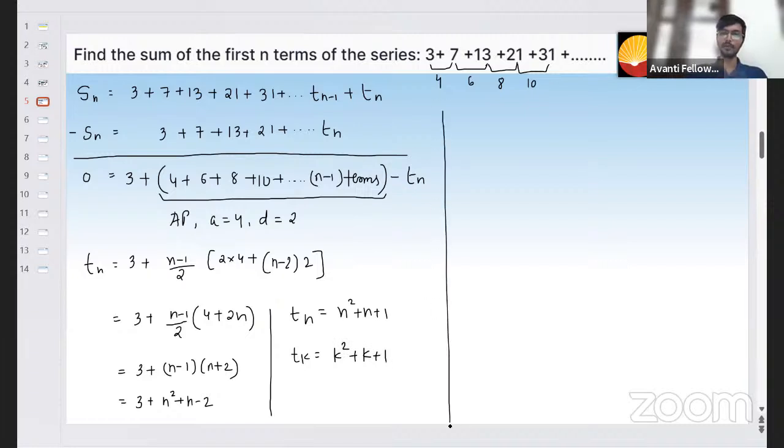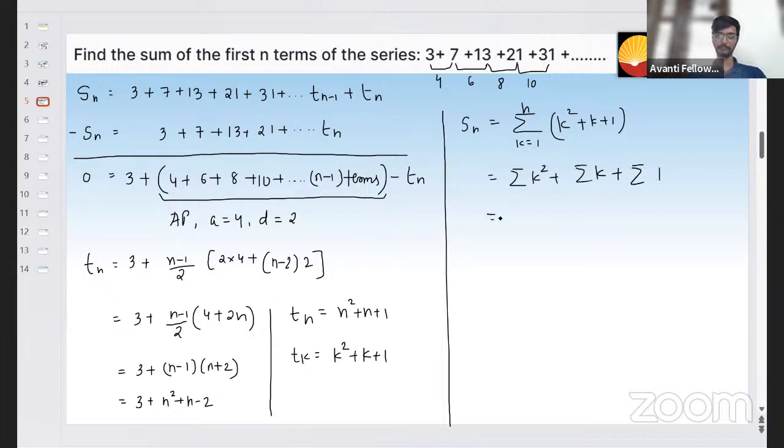Now, I wanted to find Sn. So Sn will be equal to summation k equals 1 to n of k square plus k plus 1. So this will be equal to summation k square plus summation k plus summation of 1.